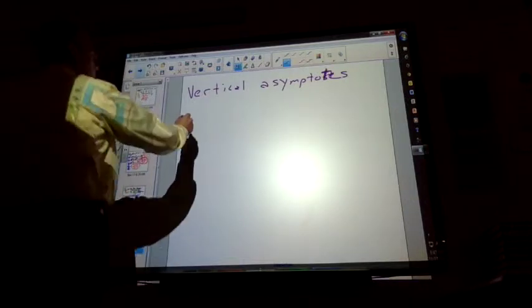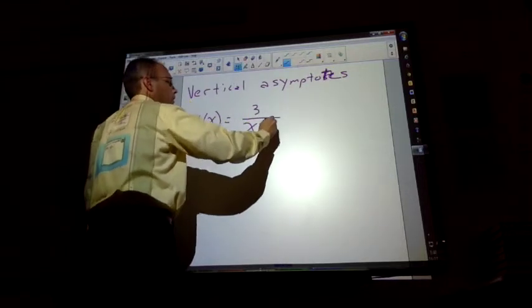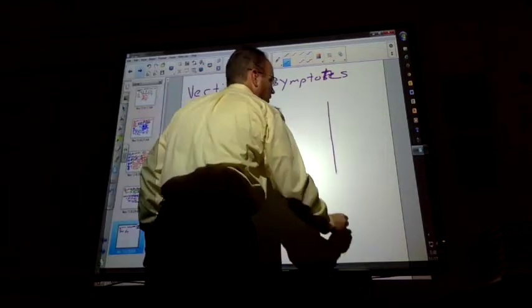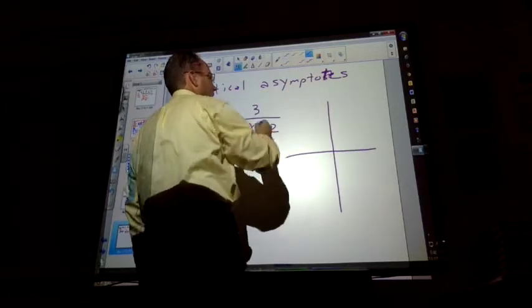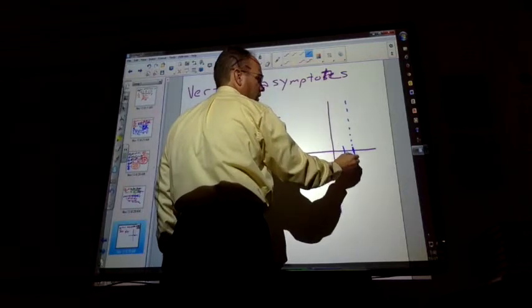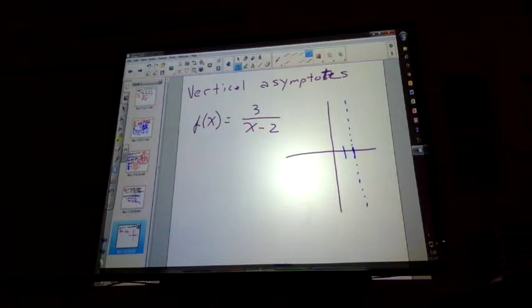So if I had a problem like this, what number will make that undefined? 2. Why 2? Yeah, it makes the 0 in the denominator a big no-no. So if I were to graph this on an xy axis, at positive 2 you have this region which our graph can't touch.